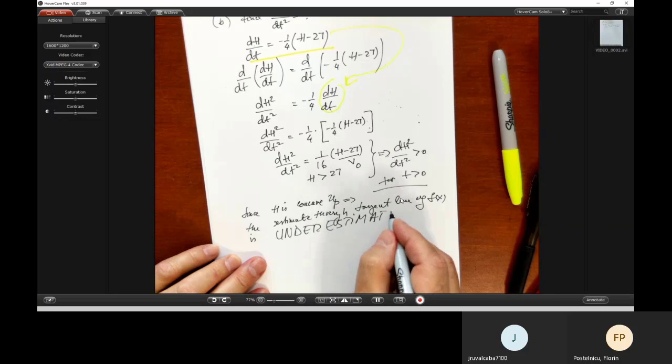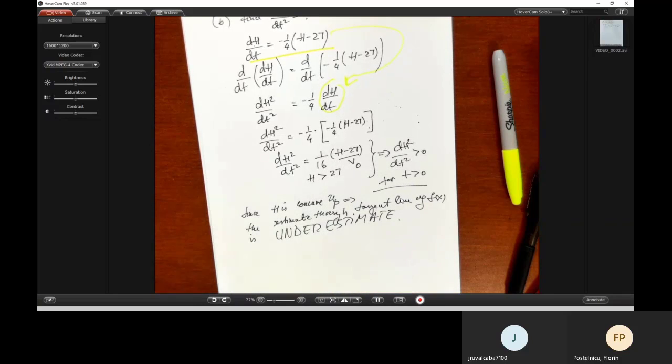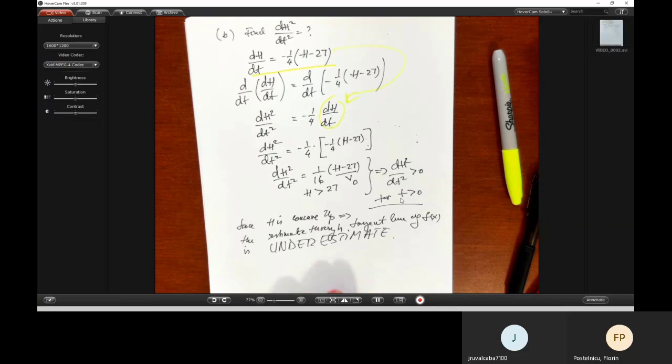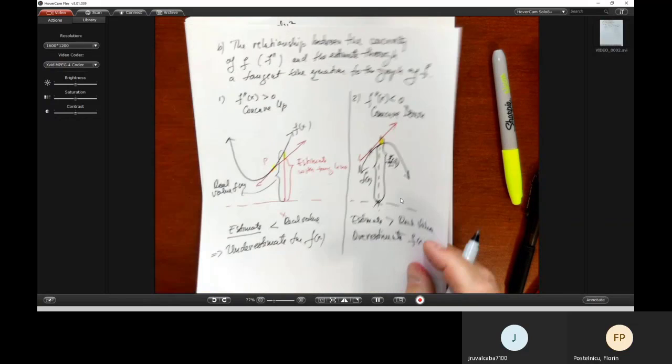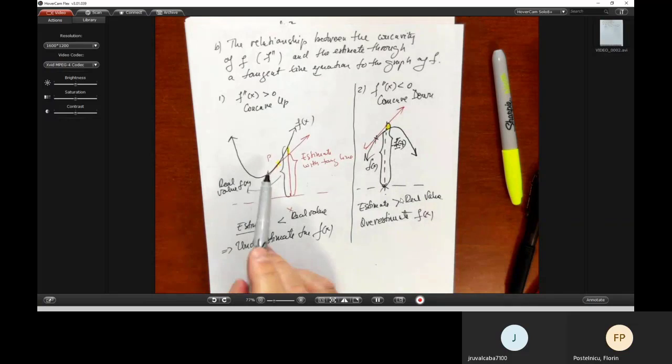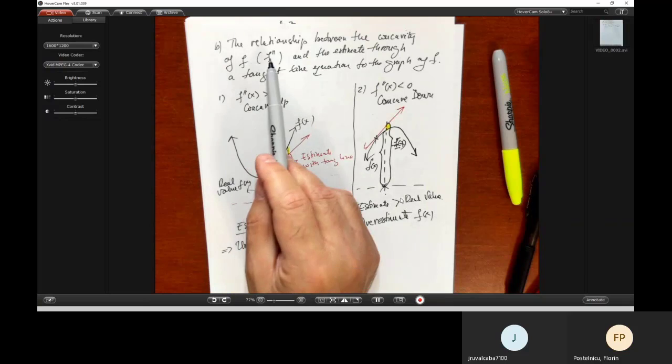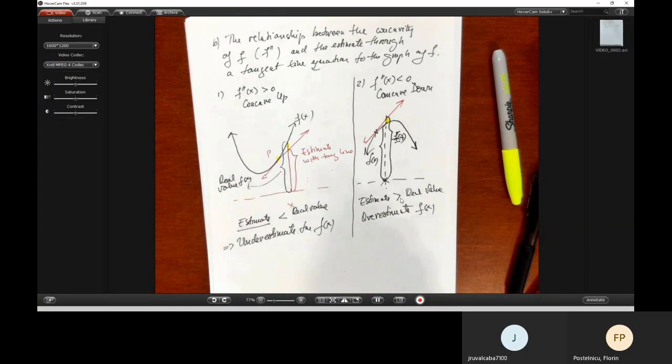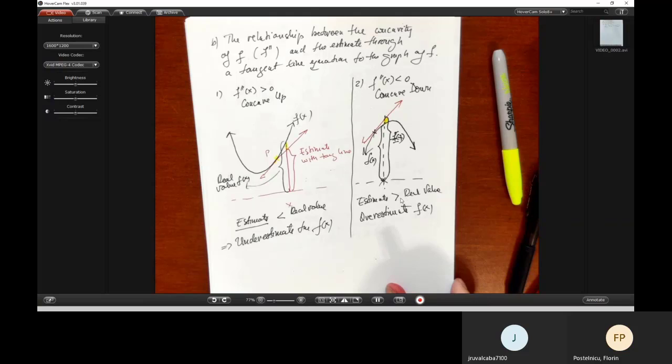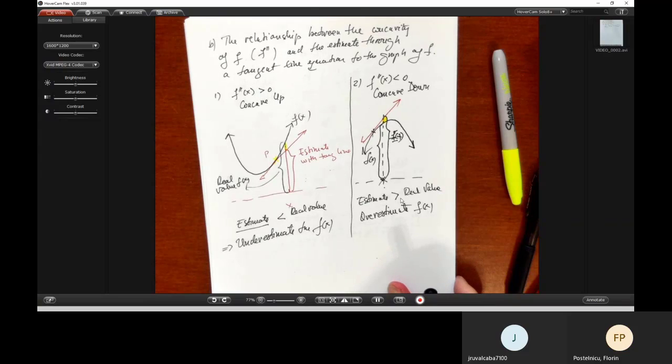So that's a good piece of information that we need to add in order to support our choice for the solution. So again, I need to make that observation. It's a good thing to keep in mind, these two graphic representations of underestimate and overestimate. So let's write down in parentheses that fact.